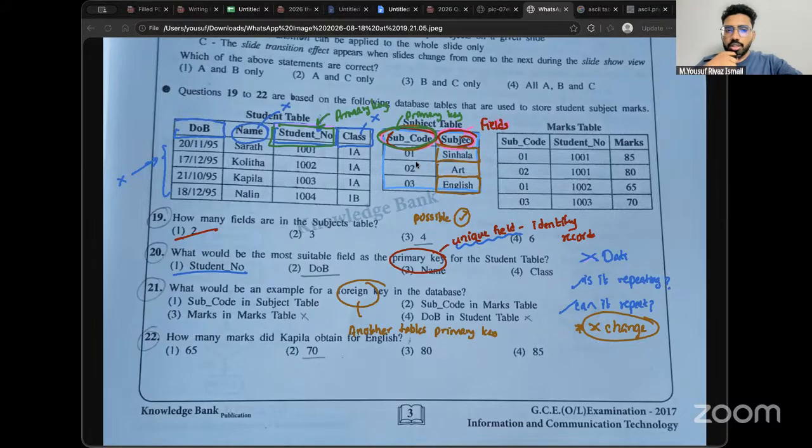Okay. So to find a foreign key, first of all we find the primary key and see if the primary key is mentioned in another table. So tell me, the student number field which we have here, do I have the same student number in any other tables? Apart from having student number in the students table, do I have student number in any other tables?